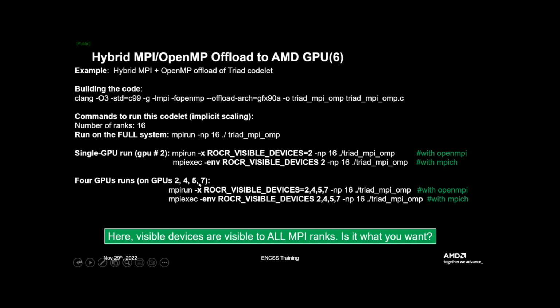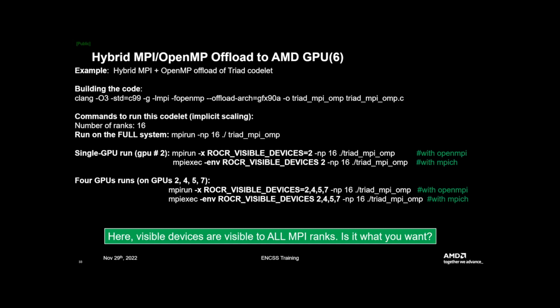The machine I'm using here has 8 GPUs, and for this example I'm using 4 GPUs: GPU 2, 4, 5, 7 to run this triad code, the same way I was running before. The only difference is that I'm using more GPUs.